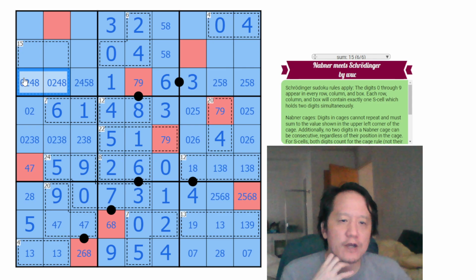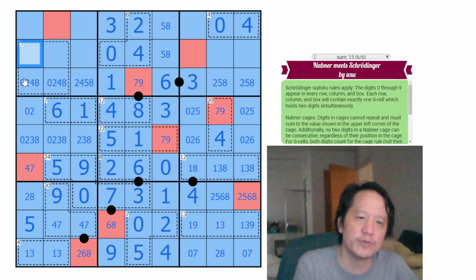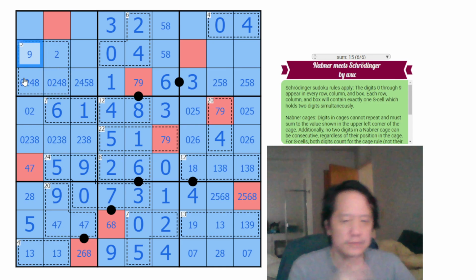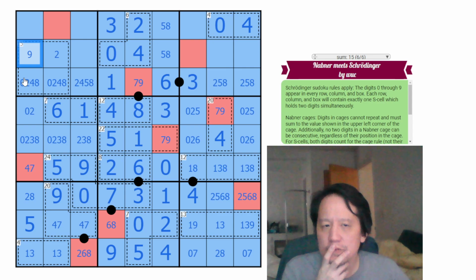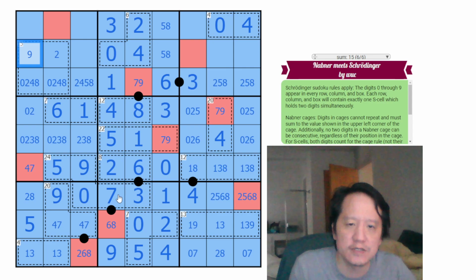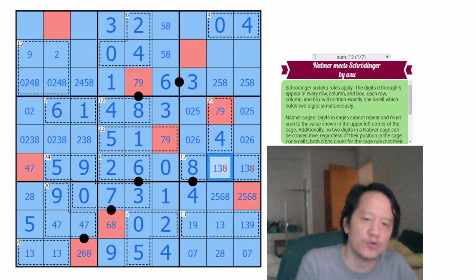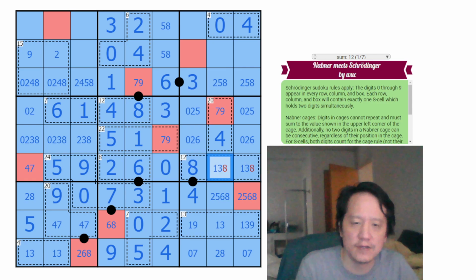So it'd have to be 9 and 2. This would be 0, 4. So this has to be 8, because 1 is not double below.